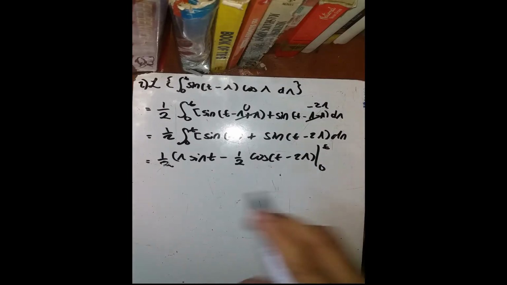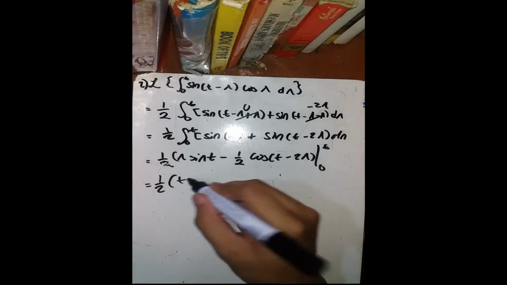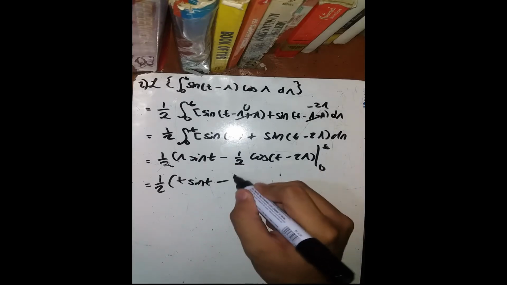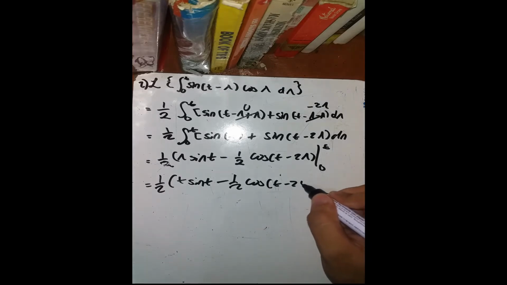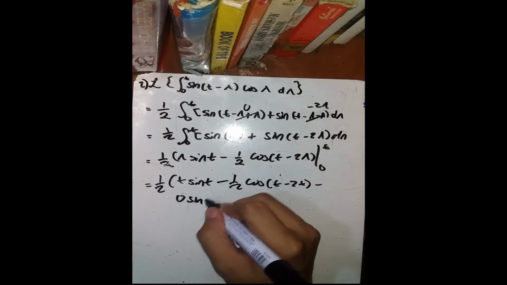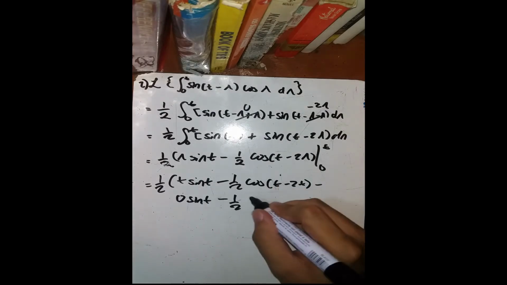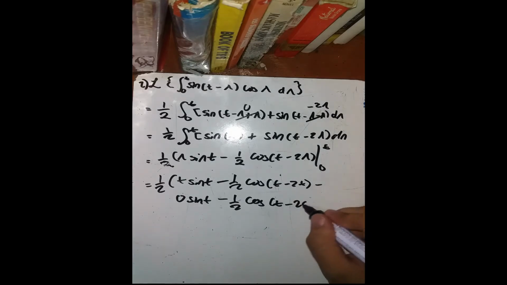Now let's put the variables. We have here 1/2 t sine of t minus 1/2 cos of t minus 2t, minus 0 sine t minus 1/2 cos of t minus 2 times 0.